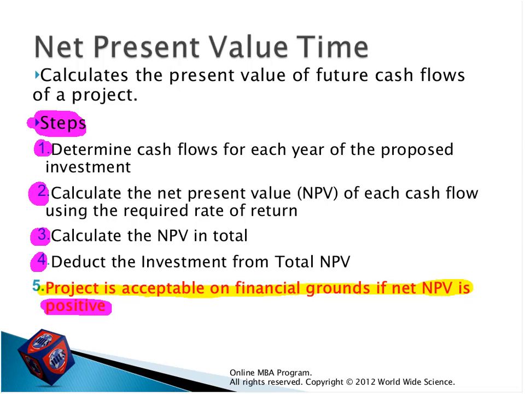So first of all, we are doing the calculation of present values, the net present value methodology, to find the acceptance of the project on financial grounds. It means making an evaluation based on finance and accounting, where we are just working with the figures.